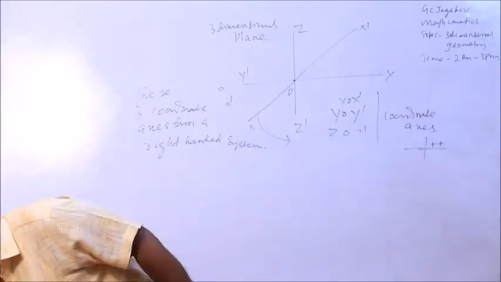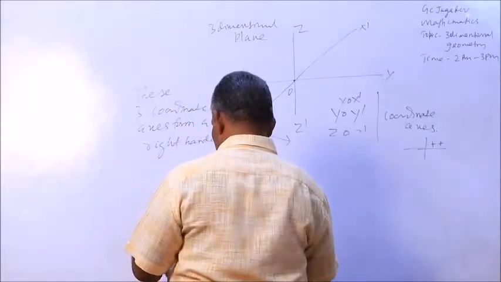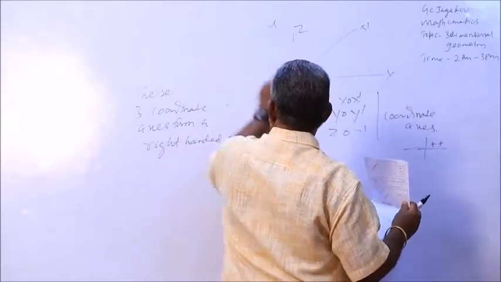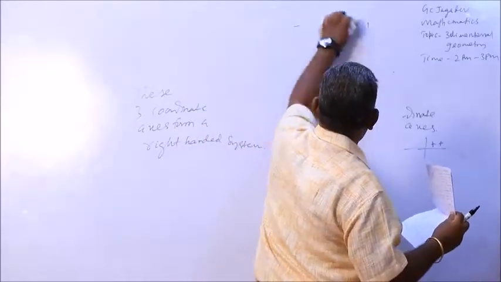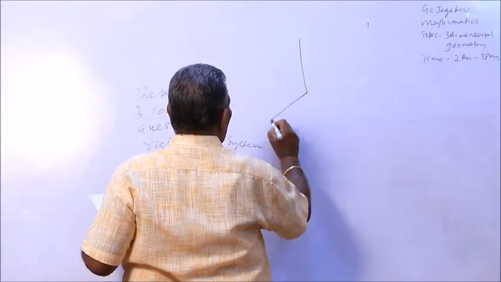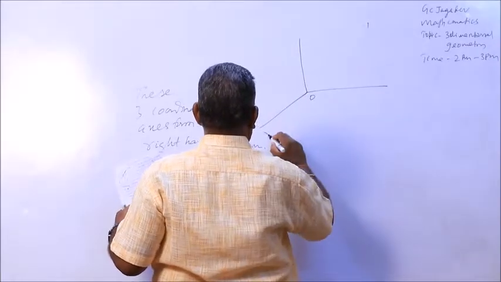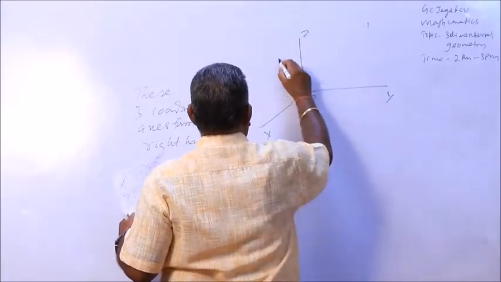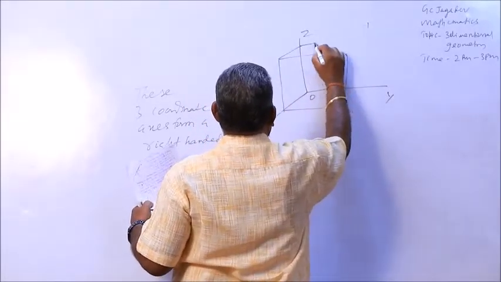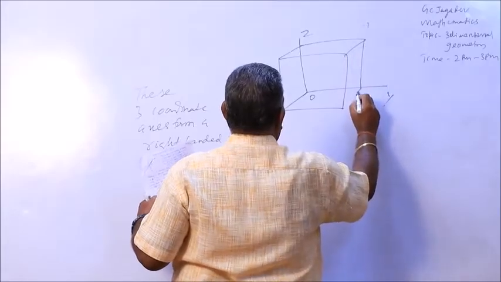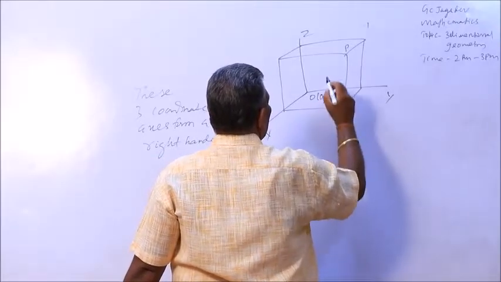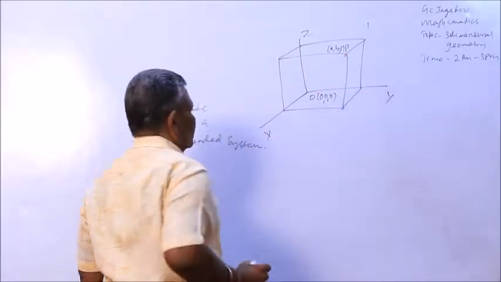Next, suppose OXYZ like this. Suppose this is the point P, with origin O, P having coordinates a, b, c.